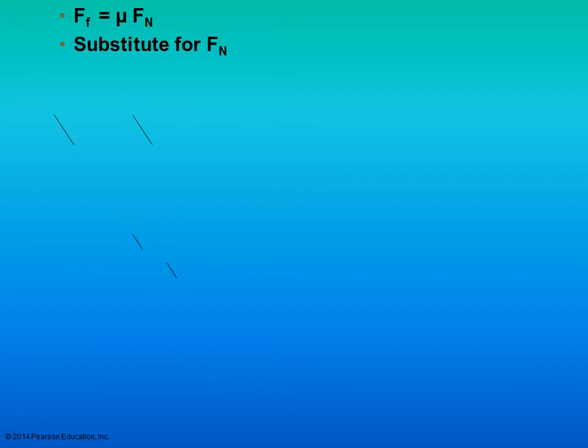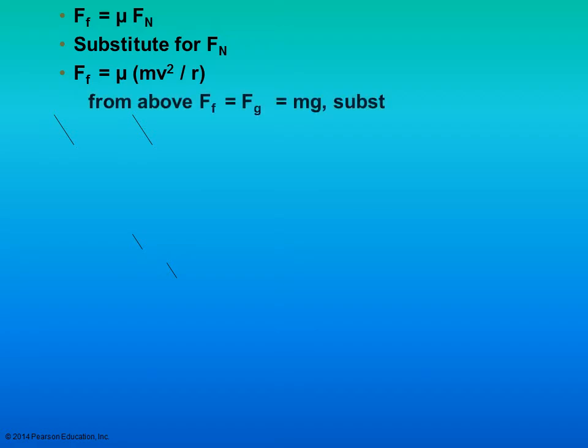I'm going to substitute what I just found for the normal force, mv squared over r. From the above, the force of friction is equal to Fg, which is equal to mg, so I'm going to substitute the mg in there. Looking at the fact that I have mass on both sides, I can cancel mass. So in this case, the mass does not matter.